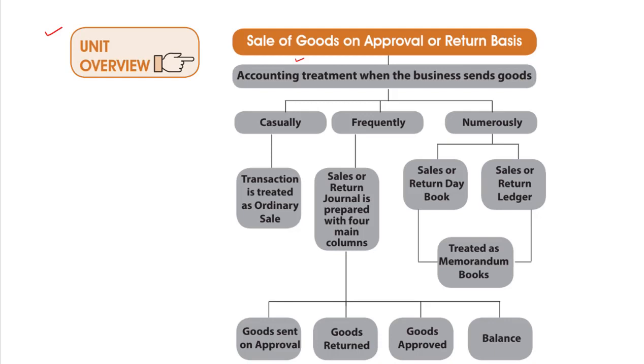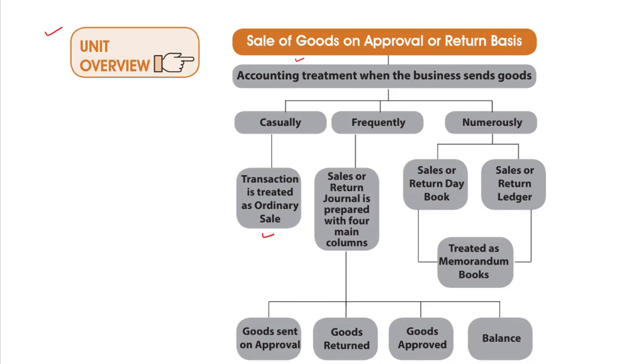So they transact casually, meaning a very low level of sales. Such transactions are treated as ordinary sales, like we pass the journal entry for ordinary sales. In the same manner, the transactions are treated in case of casual sending.